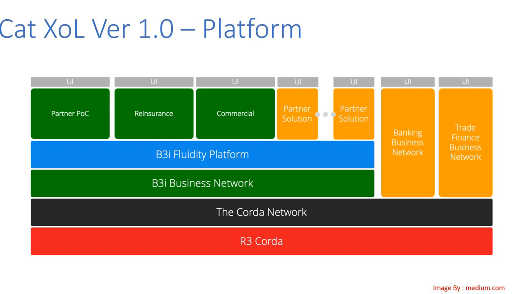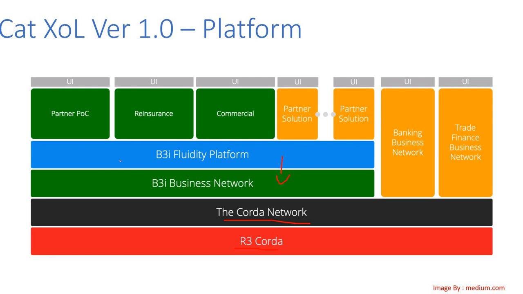Moving ahead, this is another important slide. Let me explain. From the R3 platform point of view, the entire stack is based on the Corda R3 network, and on top of it they have a Corda network, and then they have built their B3i business network on top of the Corda network and their Fluidity platform on top of the B3i network.